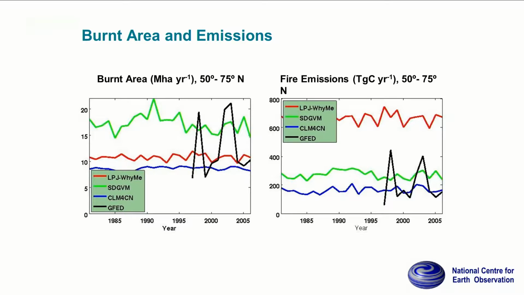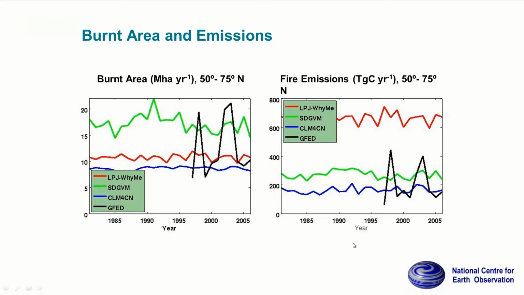You get huge fire years. So in this sort of year, you can burn 10 times as much area as you do in years like this. And this is typical of the boreal zone. And you get different phasings for Canada and the US than you do for Siberia.